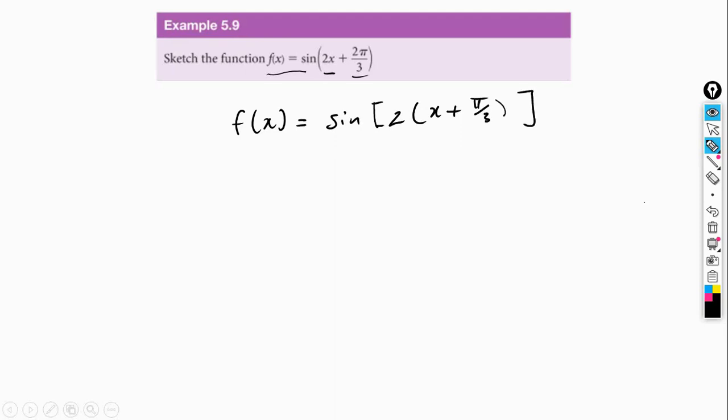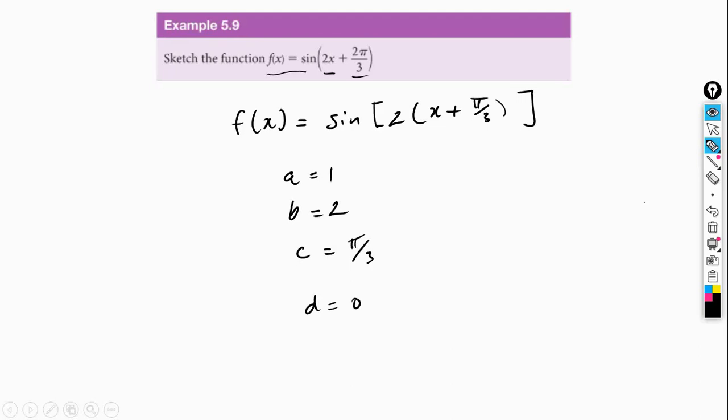And then here we can identify a as being equal to 1, b is equal to 2, c is equal to pi thirds, and d is equal to 0. So there's no vertical shift.